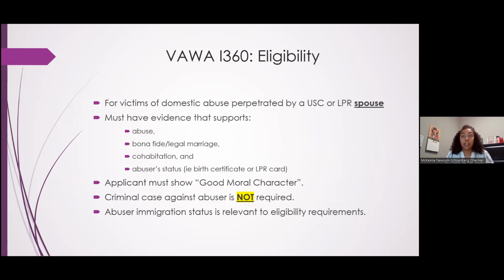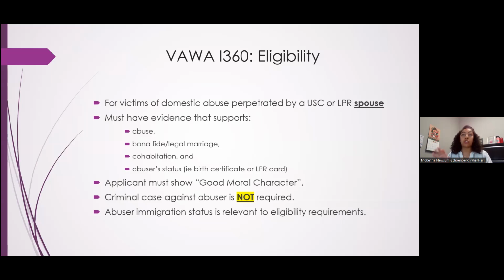The U visa application process requires that there is a criminal case investigation. If you are married to a U.S. citizen or a lawful permanent resident who is abusive, a criminal case is not required. So if I have been with my partner for 20 years, we were married, and there's a long history of abuse, but I never reported it for whatever reason, that's okay.